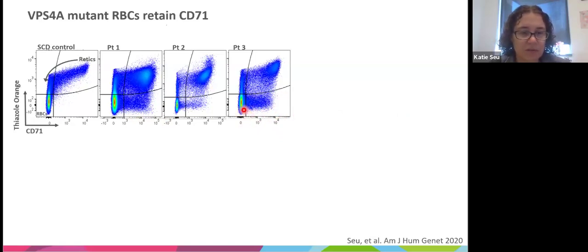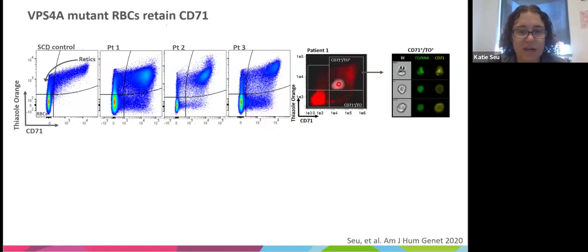You really don't know. One potential explanation could have been that they are lysed cells that don't retain their TO or their RNA anymore, but still have CD71 on the membrane. However, this was not the case, so we put them in the ImageStream so that we could find out.